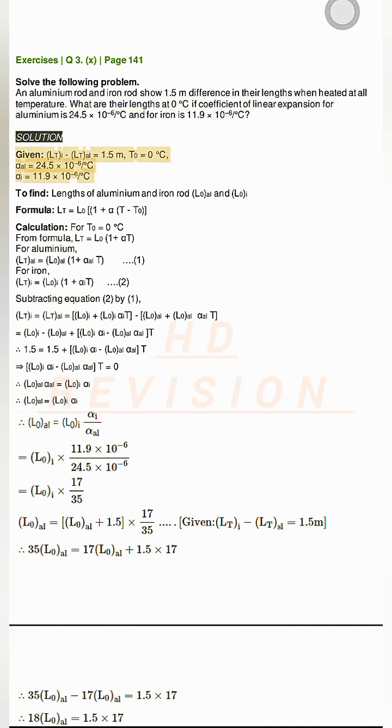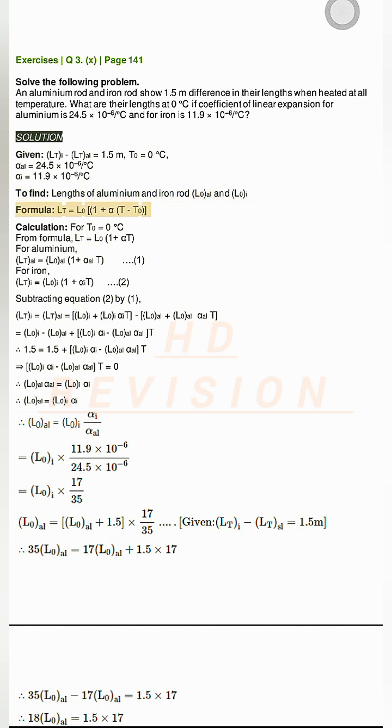Solution. Given LT equals 1.5 meters, T0 equals 0 degrees Celsius, alpha Al equals 24.5 times 10 to the power minus 6 per degree Celsius, alpha I equals 11.9 times 10 to the power minus 6 per degree Celsius. To find the lengths of the aluminium and iron rods, L0 Al and L0 I.